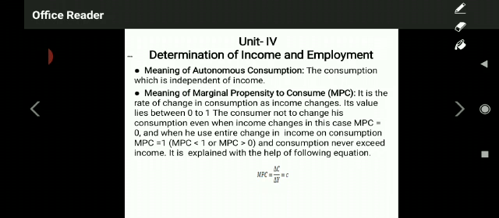There are some goods and services which a human being requires irrespective of income, and there are some goods and services which a human being requires on the basis of his capacity of income. I hope you understood. If there is a consumption which never depends upon income, that is called autonomous consumption.